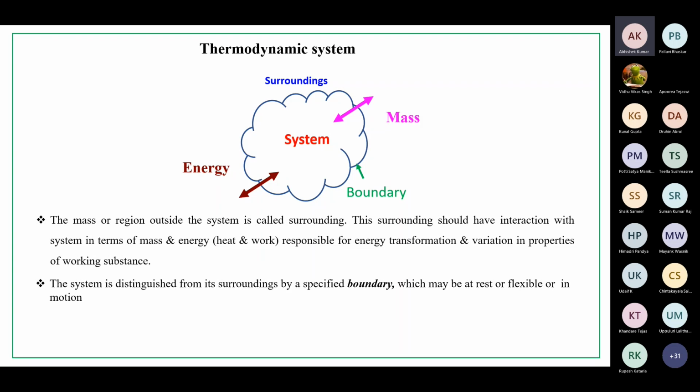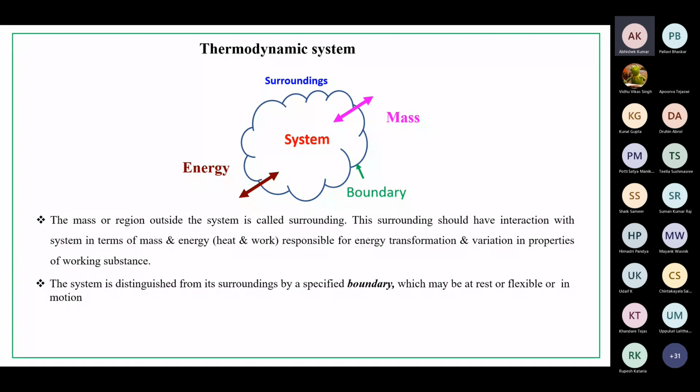Water comes from the overhead tank and you take the water to the bucket for bathing. Let us assume the system is your geyser or electric heater. The boundary is the imaginary boundary surrounding it.